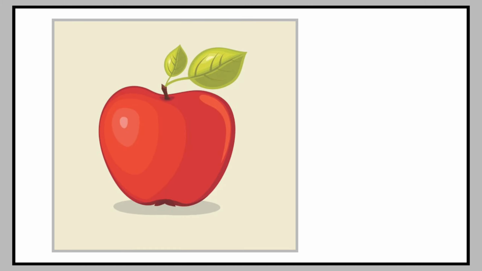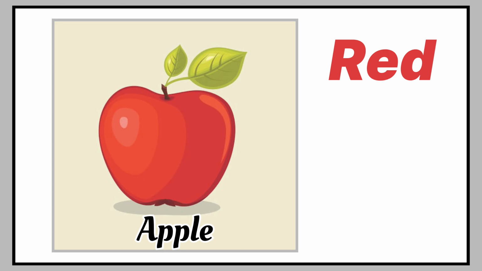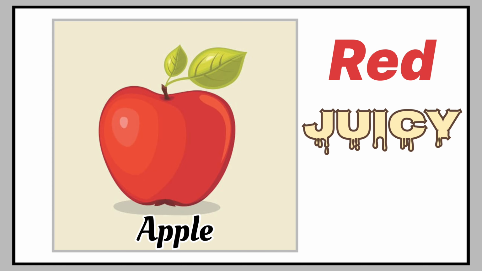Let's start with a simple question. What do you see on the screen? Yes, it's an apple. But what if I ask you to describe it? What words would you use? Red, juicy, or sweet?